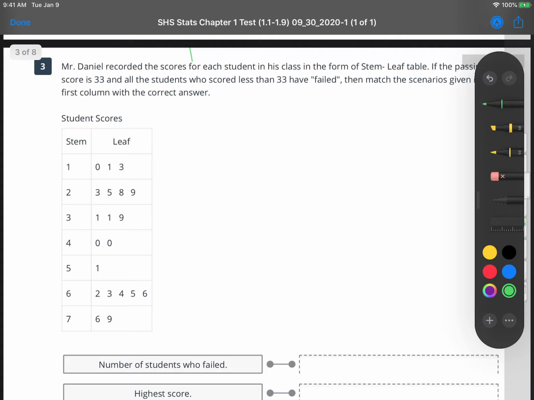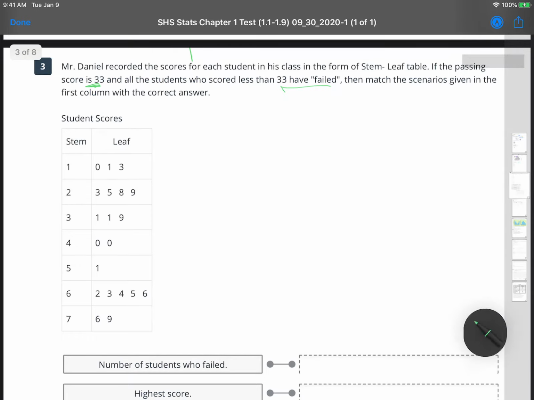Question number 3. Mr. Daniel recorded the scores of each student in his class in the form of a stem and leaf table. If the passing score is 33, and all students who scored less than 33 have failed, then match the scenarios given in the first column with the correct answer.